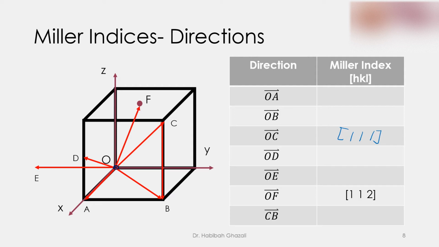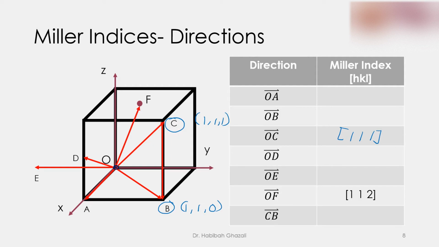Here the head is at point B, and we have the tail at point C. The coordinate of the tail, point C, is 1, 1, 1. And the coordinate for B is 1, 1, and 0. So that's the coordinates for these 2 points.